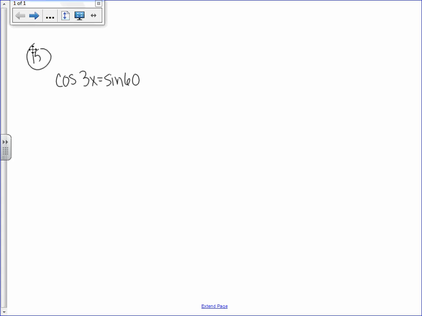So all this is saying is that for these to add up to 90, both of them have to be less than 90. So we have congruent cofunctions, so they're complementary, so that means that 3x plus 60 has to equal 90. Subtract 60, we get that 3x is equal to 30, or x is equal to 10. And I guess we should put degrees on all this, but whatever.